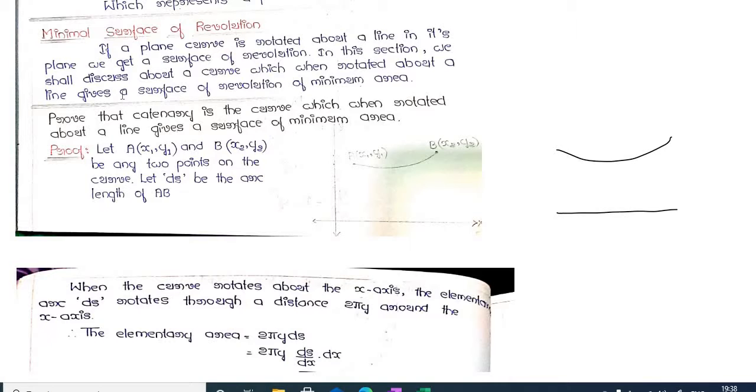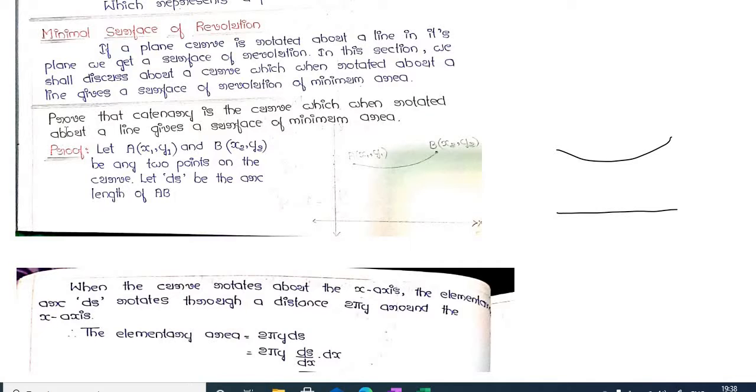In this section, we shall discuss a curve which when rotated about a line gives a surface of revolution of minimum area. So, we need a surface whose area is minimum.